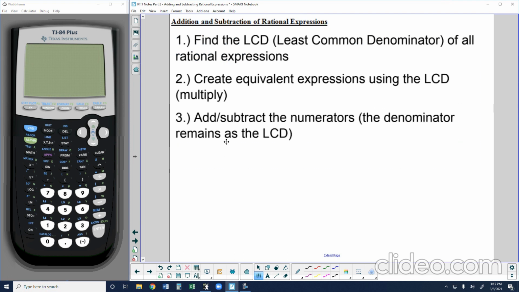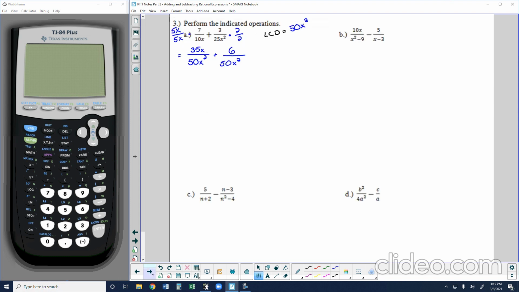Once I have created equivalent expressions with the least common denominator, now I can add or subtract the numerators. If you remember from our work with fractions of real numbers, we would add or subtract the numerators but leave the denominator. The same thing is true here. So I'm going to add together the numerators, 35x plus 6, and the denominator remains 50x squared.